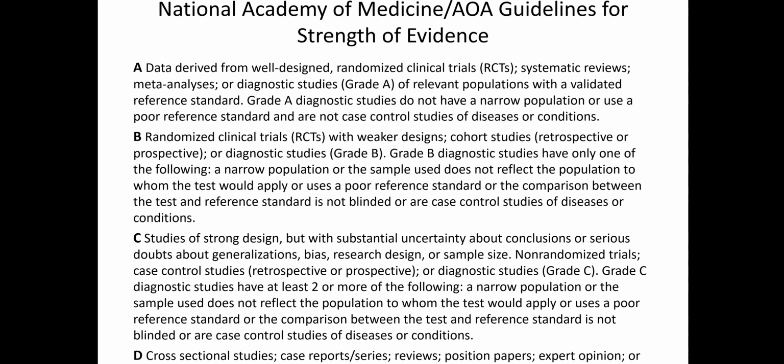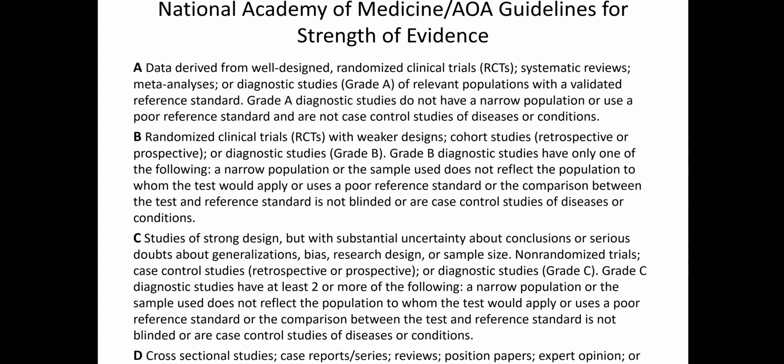The randomized trials are of sufficient numbers, often multi-centered, and really good designs. Now, B also includes randomized clinical trials, but they tend to have weaker designs. They're single center, with smaller numbers of people.